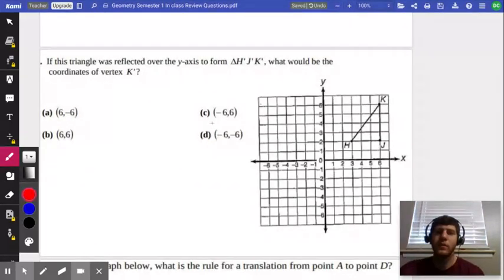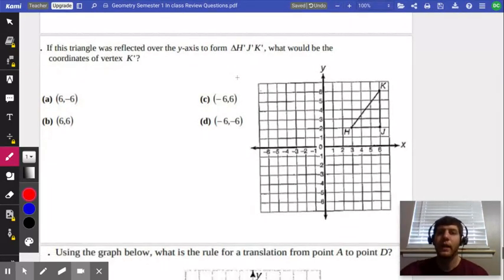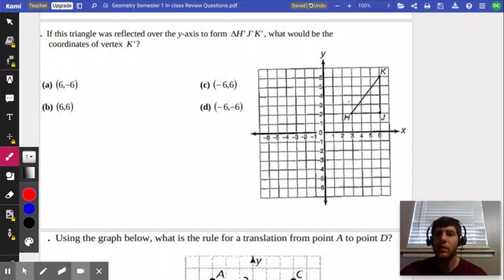So if this triangle is reflected over the y-axis, what would be the coordinates of K? So K prime. K right now is 6, 6. If we reflect over the y-axis, our rule is we're flipping it left and right.